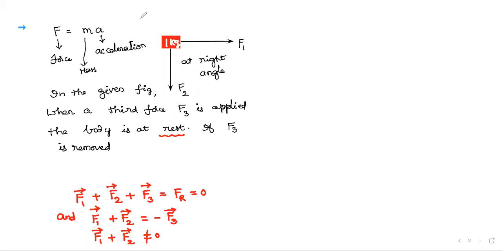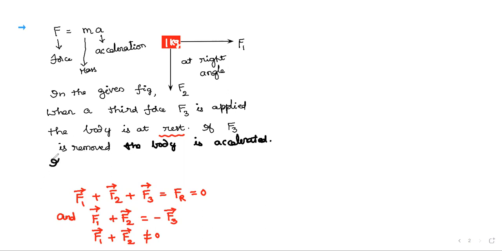Again coming back to the question: F3 is removed, the body is accelerated with some acceleration.